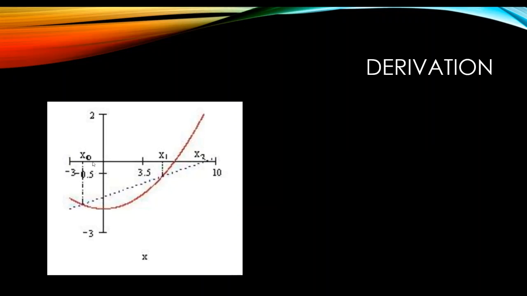By evaluating this, we also have the function at x sub 0 due to the initial guess, and the function at x sub 1, same as with the initial guess. So these are the three functions that we need to evaluate using the secant method.